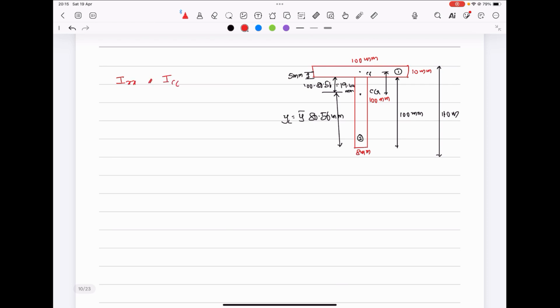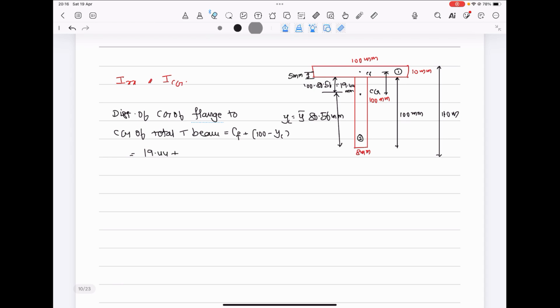IXX and ICG we have to calculate. Now, the distance of the center of gravity of the flange to the center of gravity of the total T-beam is equal to CF plus 100 minus yc.